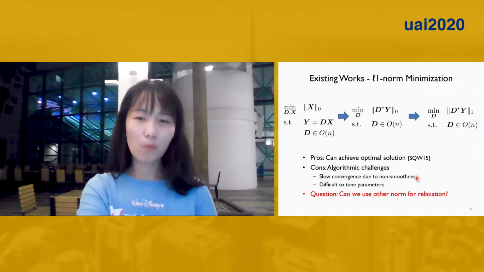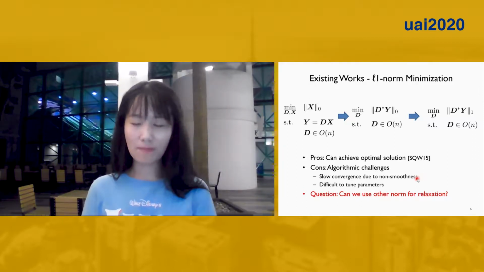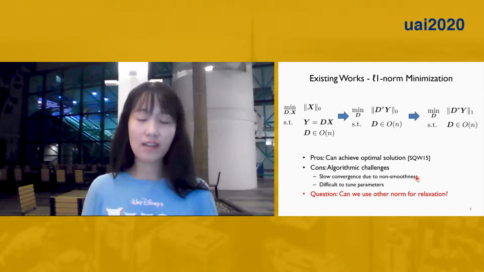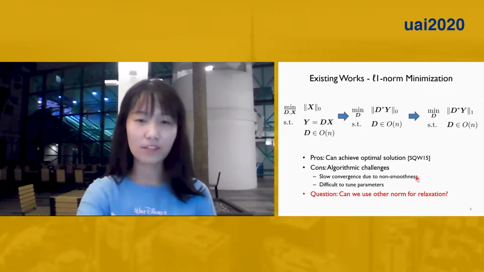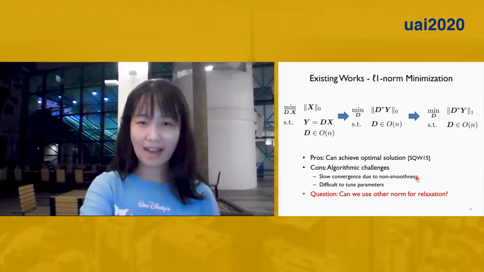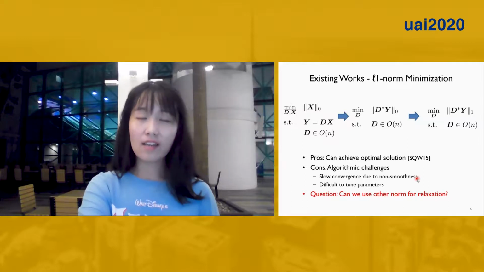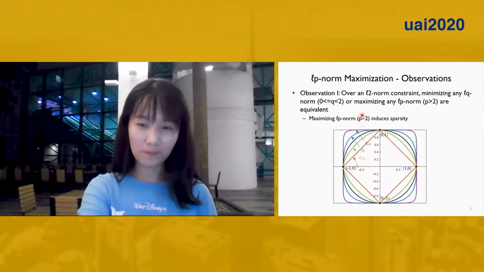However, L1 norm is non-smooth, so it will dramatically slow down the convergence of the corresponding algorithm, and also it will make the algorithm very sensitive to the parameters such as the learning rate. Therefore, here comes the problem. Can we use other norm to relax this L0 norm, meanwhile avoiding the issues caused by L1 norm?